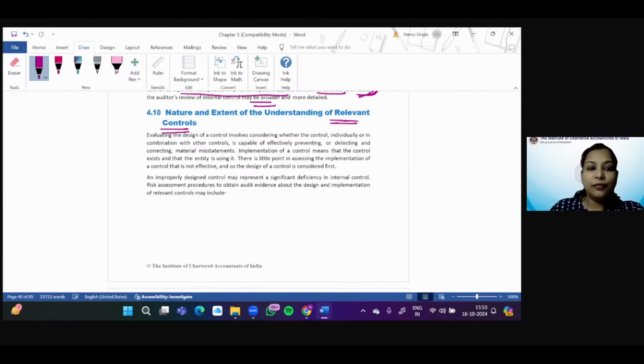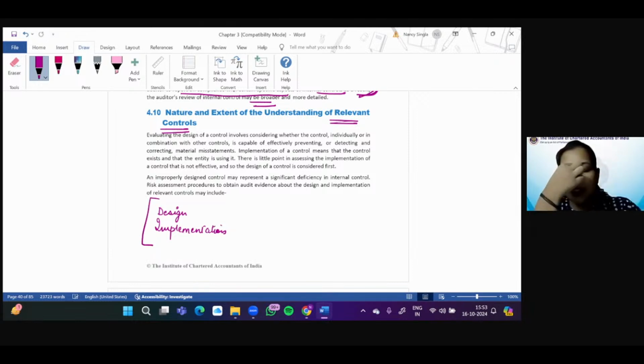See, this topic is talking about two aspects of internal control: the design and implementation of internal control. Quickly tell me, without reading, please tell me that the auditor should consider first the design of the internal control or the implementation.